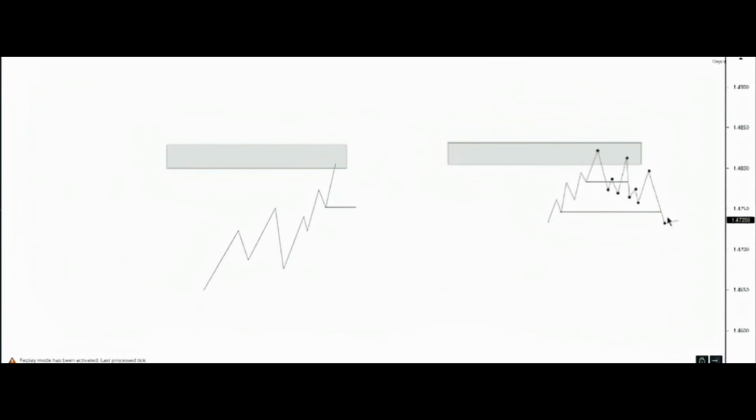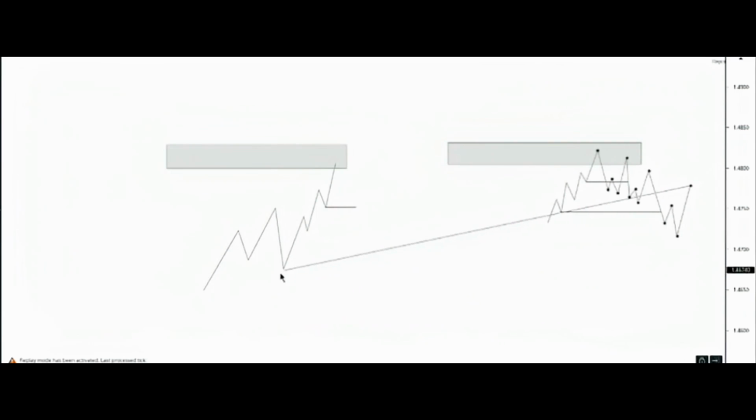Now once it breaks that major chalk and gives you an inducement and then takes out that inducement, if you find any OP here, that's your high probability zone for you to go short. Okay, that's your high probability zone to go short. And where are you going to go short to? To this break of structure here.